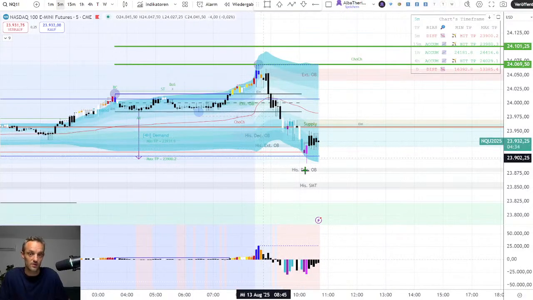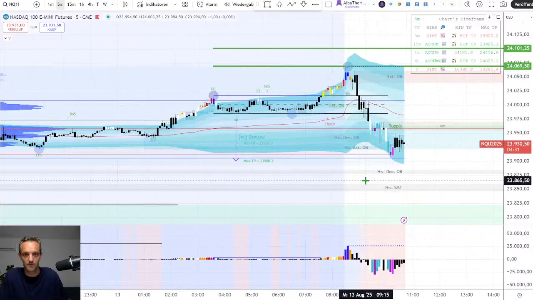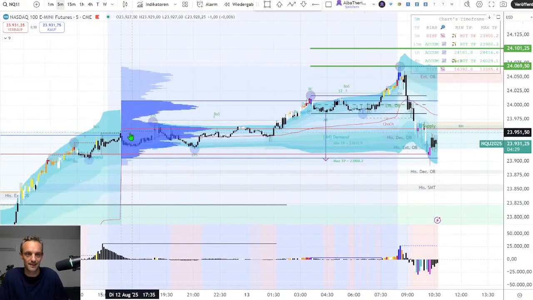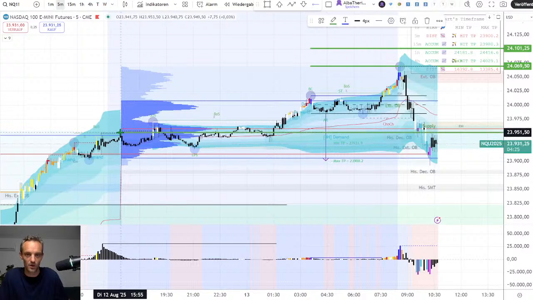Also, we had a session range gap. What is a session range gap? From my point of view, a session range gap is a gap when the New York open is above yesterday's high. Not the closing price. Closing price is not relevant. The high. Okay, yesterday the close and high were pretty much the same.